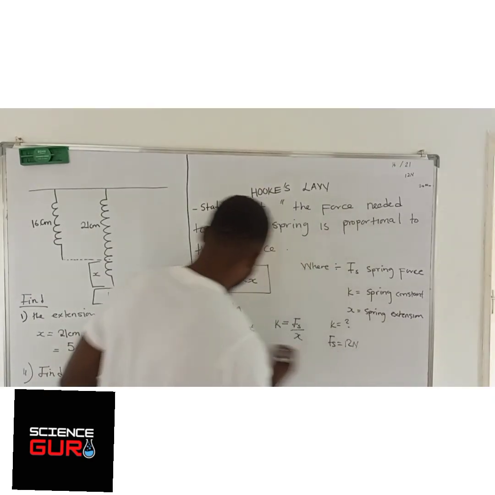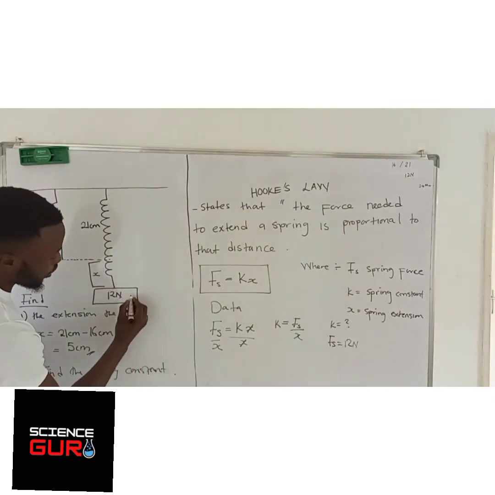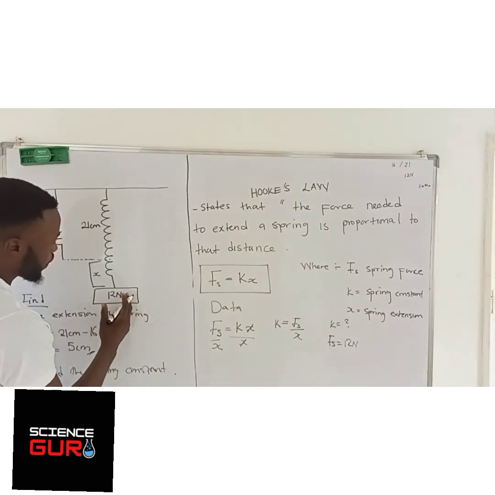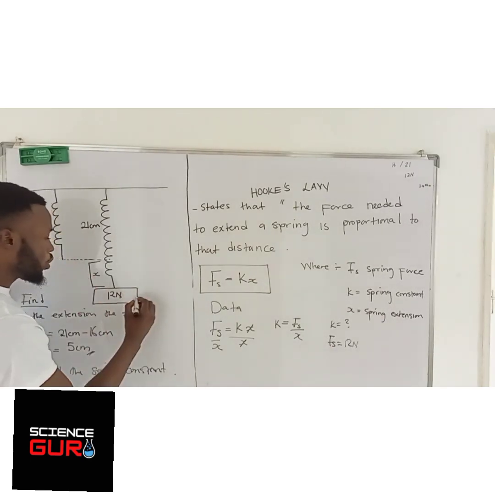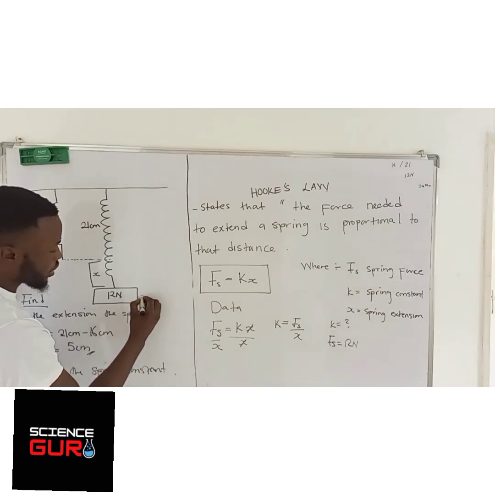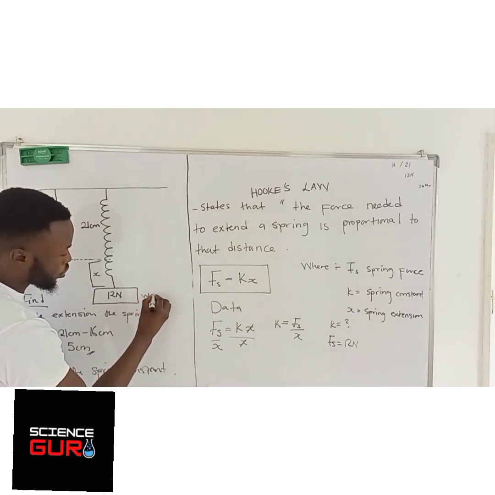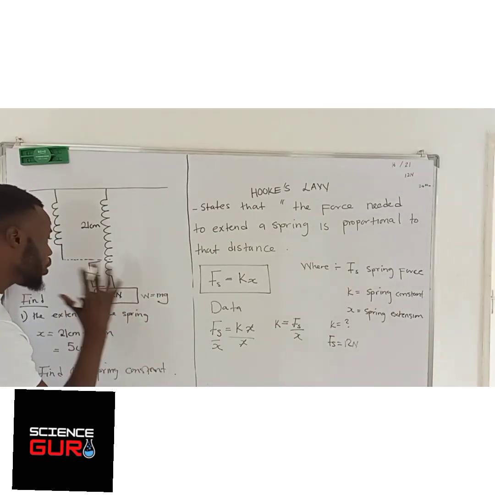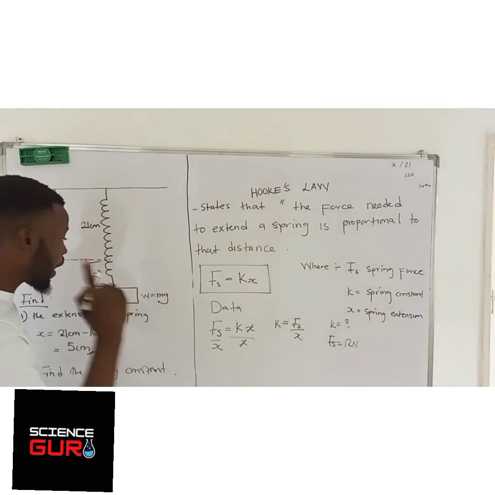Remember that if this force was given in grams, you can say that weight is equal to mass times gravitation. Now, I want you to take note of this again.